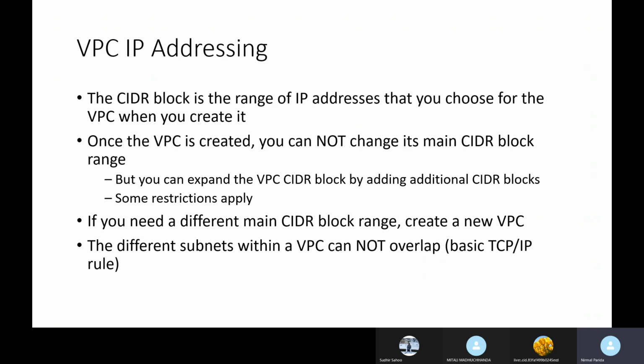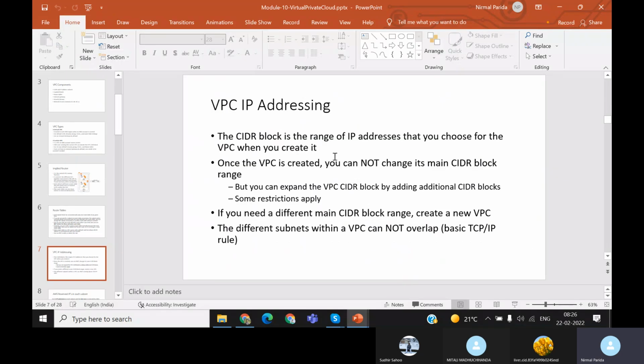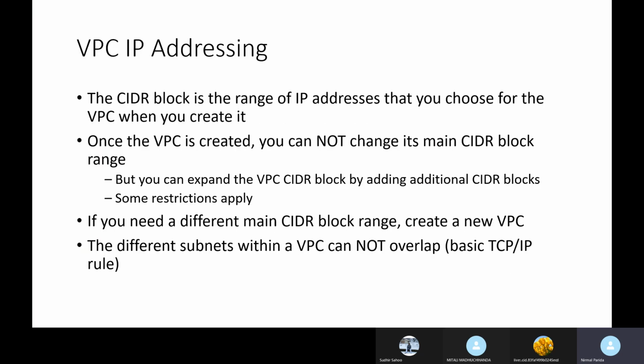So while creating one VPC, you have to provide one CIDR block, and that CIDR block means that IP range. You have to provide the IP range, and once the VPC is created, you cannot change the main CIDR block range, but you can expand. Suppose you have provided one IP range and you think that maybe I need more IPs for my instances, so you can expand, but you cannot modify your current, created IP range.